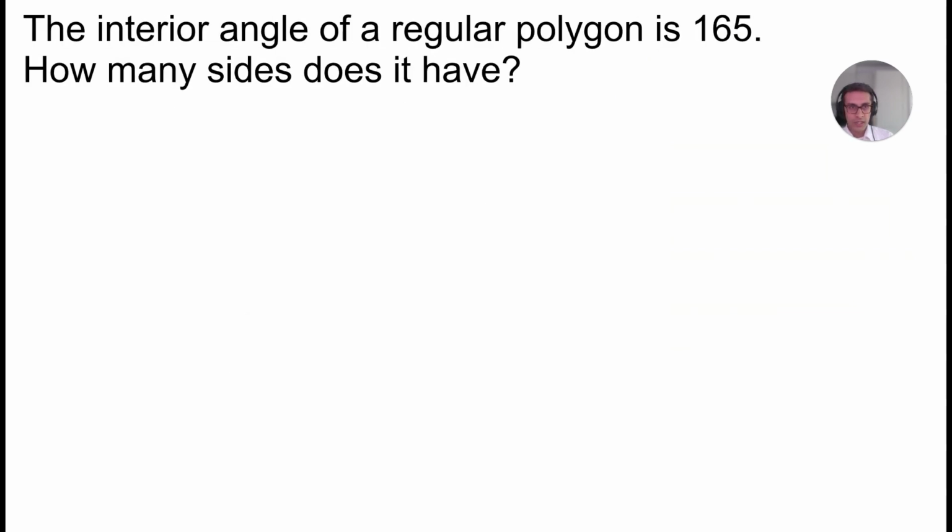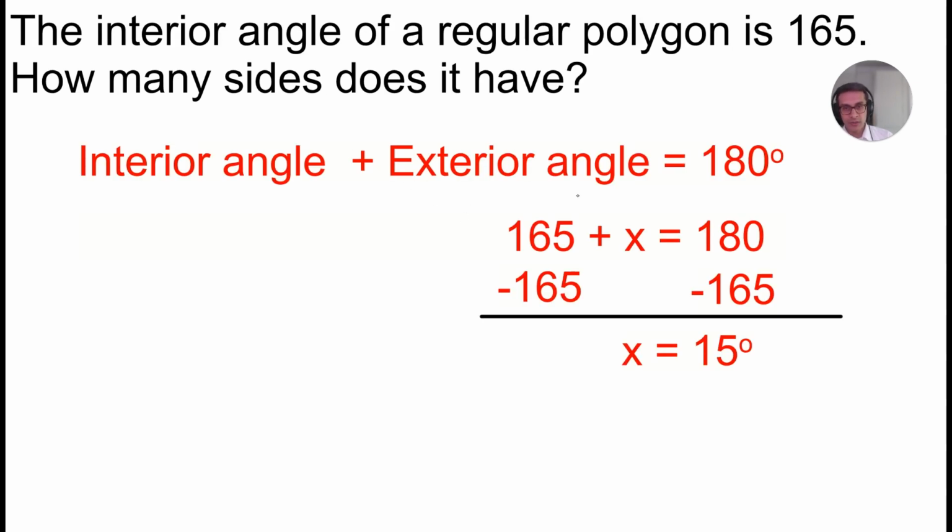Pause the video and have a go with this. Okay, so the interior angle is 165. That will automatically tell us what the exterior angle is, because we know that interior plus exterior is 180. So the exterior angle turns out to be 15 degrees.